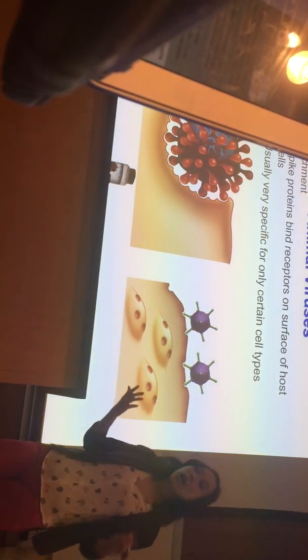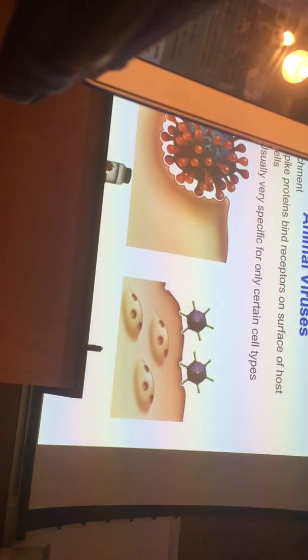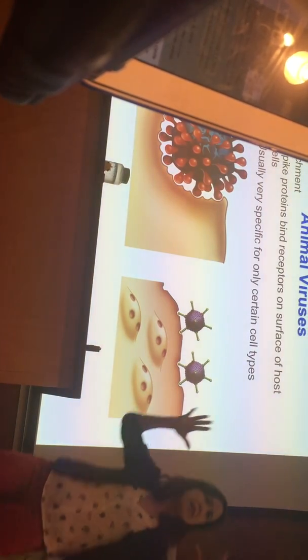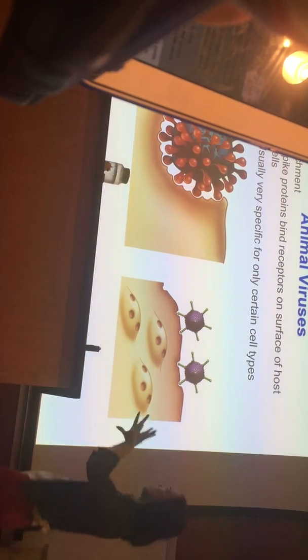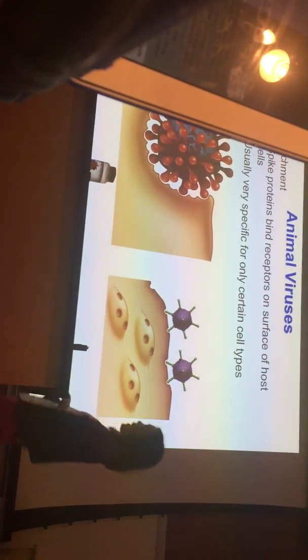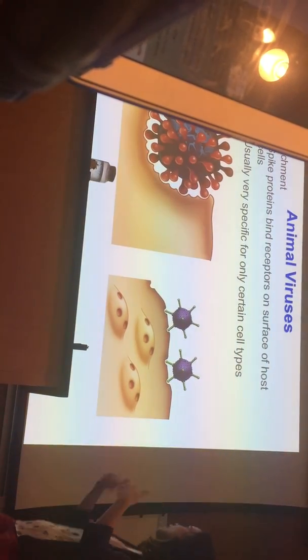And a lot of times those spikes can be really specific. We're going to talk about flu and kind of highlight that with the flu virus because it works the same way. The flu virus also has spikes surrounding the virus, and that's what it uses to attach to our airway, our respiratory tract.